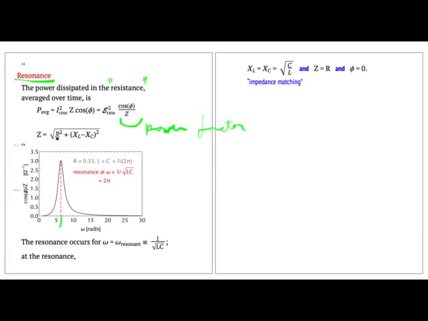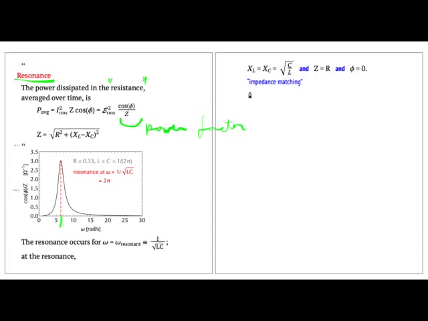And that's the smallest value that the impedance can have. The impedance must be larger than the ordinary resistance because of these additional resistances due to frequency dependence. But the smallest possible impedance is R, and that occurs at resonance.